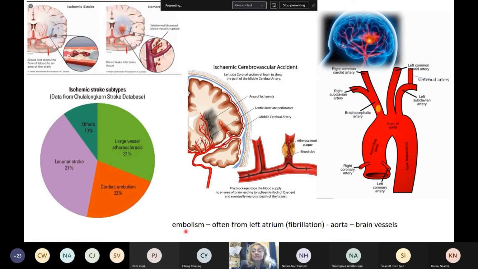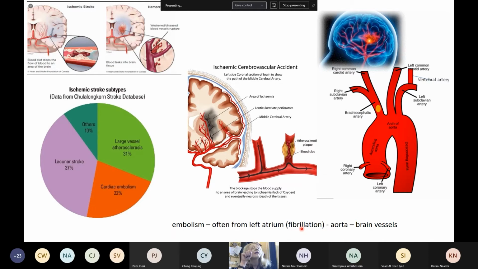Knowing anatomy will help you so much later as well, because you can follow the course of an embolus if you know the blood supply. Embolism many times happens in the left atrium, for example, if somebody has a rhythm problem, like arrhythmia and fibrillation.